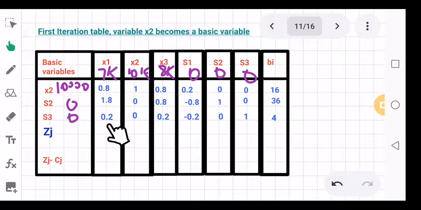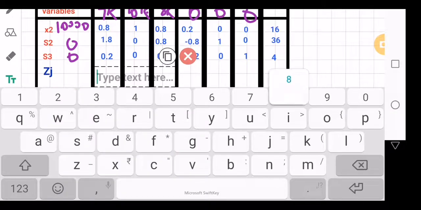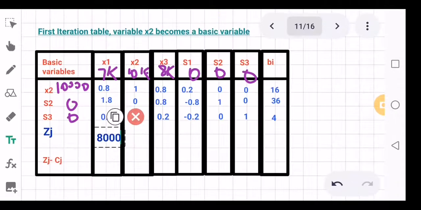So here Zj you are going to get it as 8,000. I'll be putting it over here. Okay, this is your Zj.